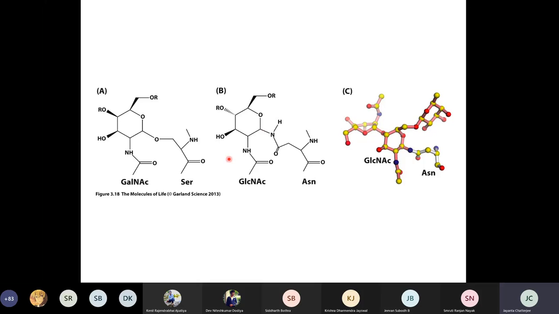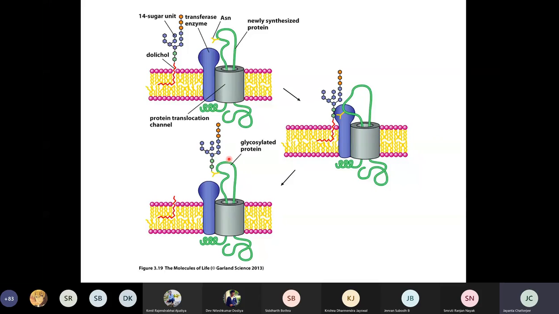Now, O-linked glycosylation is associated with serine and threonine residues on the protein backbone, and N-linked glycosylation is associated with the asparagine side chain. All right. But it's not that they differ only in the chemistry of the glycosyl attachment.